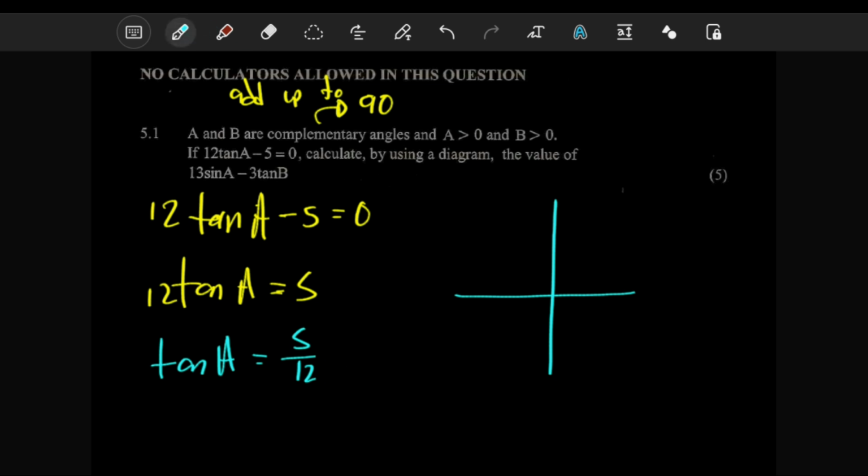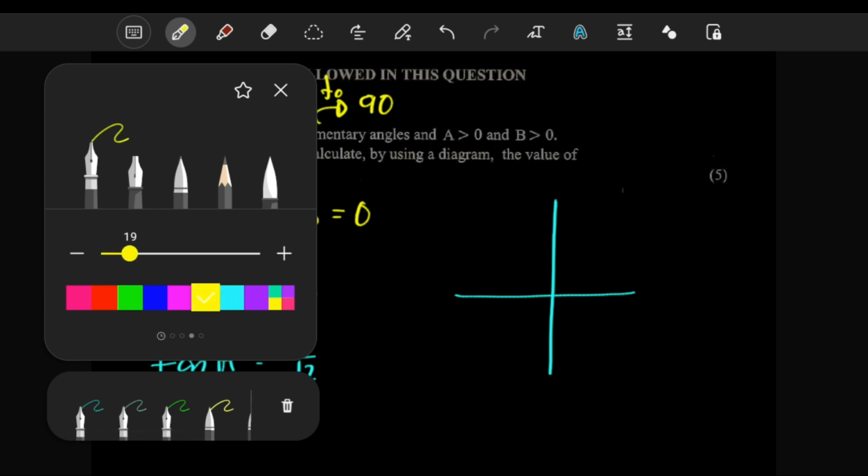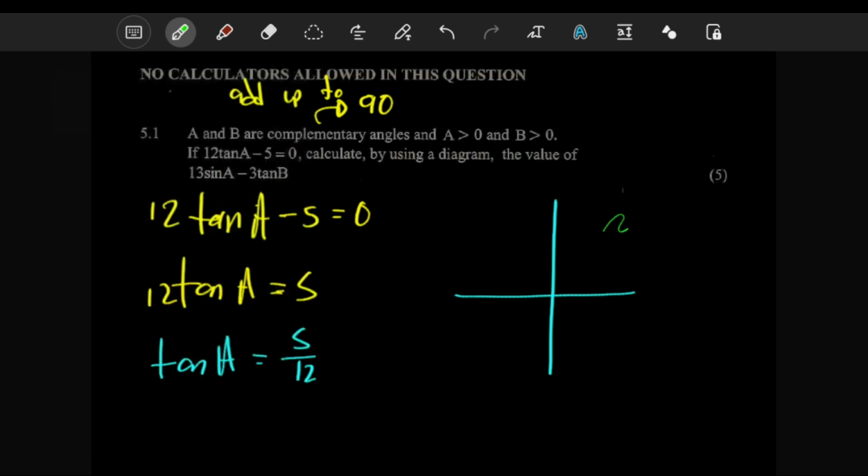So obviously, the debate here would most probably be something like, are you going to put the triangle over here and have opposite over adjacent? Or are you going to put the triangle over here and have opposite, which is negative 5, over adjacent, which is negative 12?